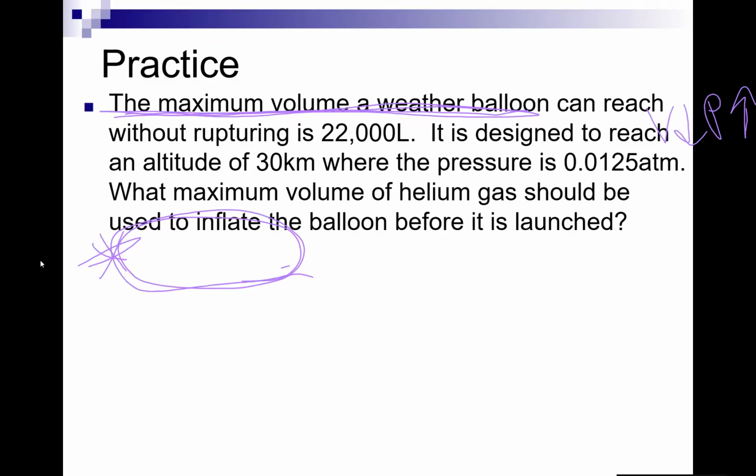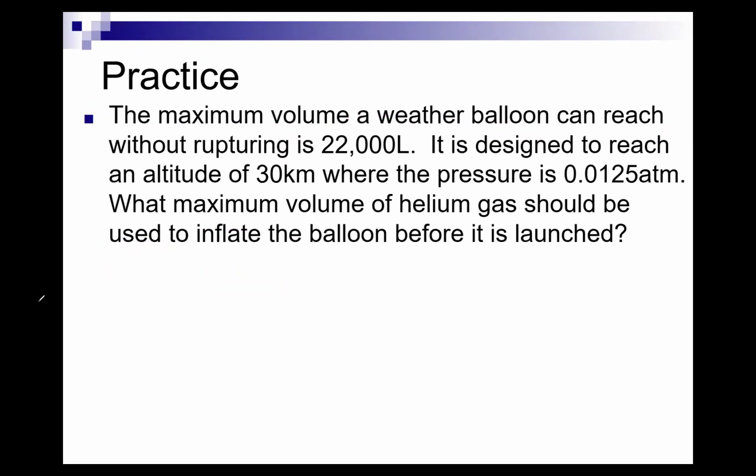So let's do a practice problem. As we read, we're going to underline some key words. It says the maximum volume a weather balloon can reach without rupturing is 22,000 liters. So here we're talking about volume and pressure.